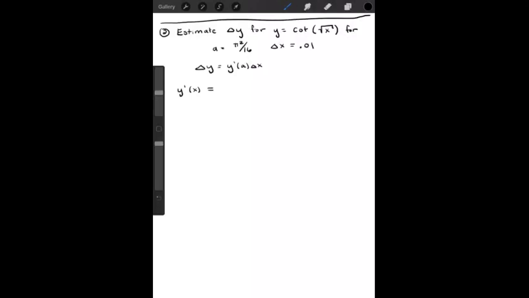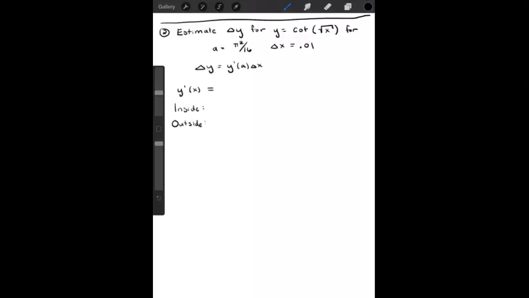So what is our inside function? Right, exactly.